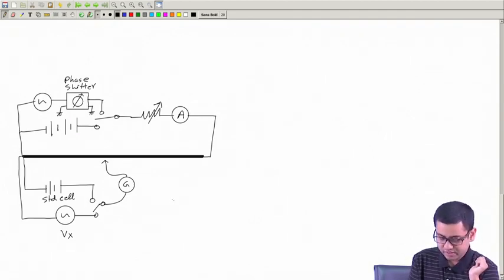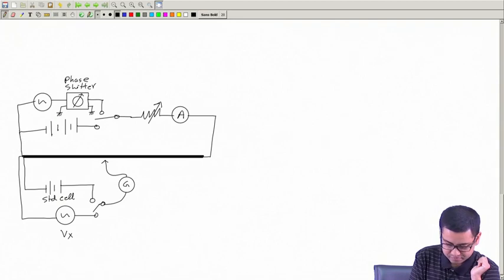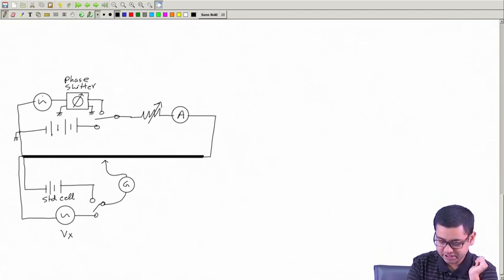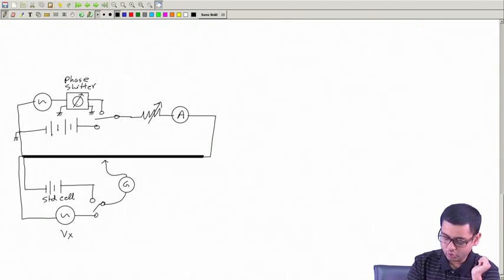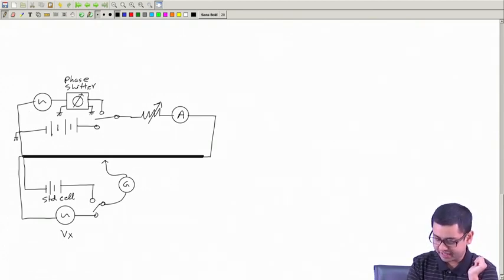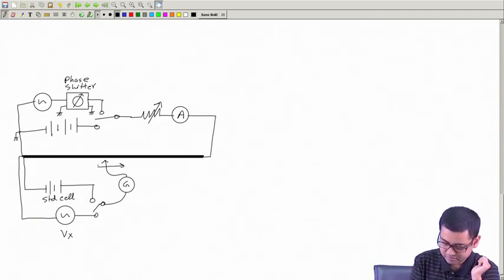Okay, so this is a phase shifter, and the task of this phase shifter is to change the angle of this supply voltage. So we can change the angle and we can move this jockey together until we get a null.